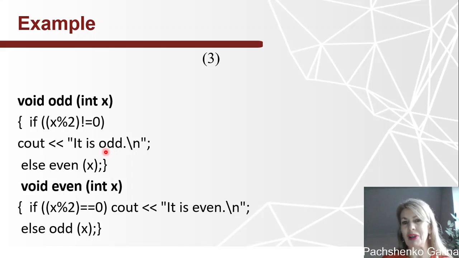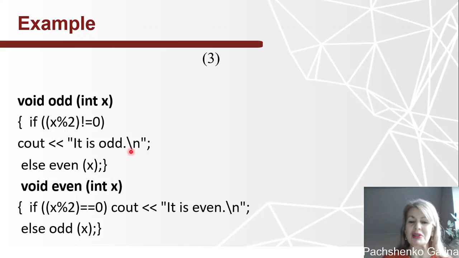For example, I put 5 first, so I check 5 modulo 2. Because it's a remainder, please remember that modulo gives the remainder, the result is 1, so 1 is not equal to 0, so the condition is true, and on the screen it displays it is odd. Yes, 5 is an odd number.